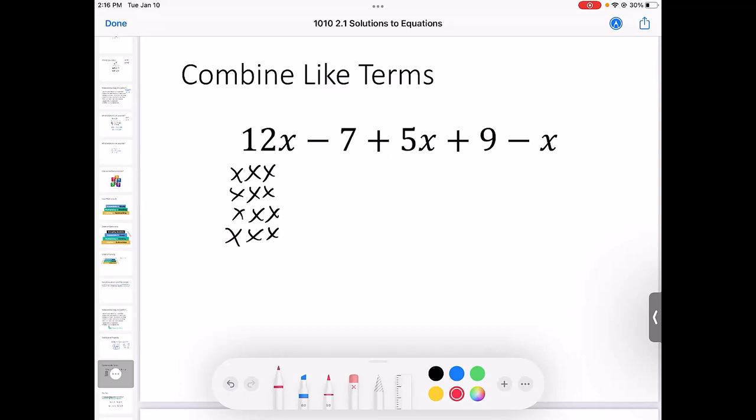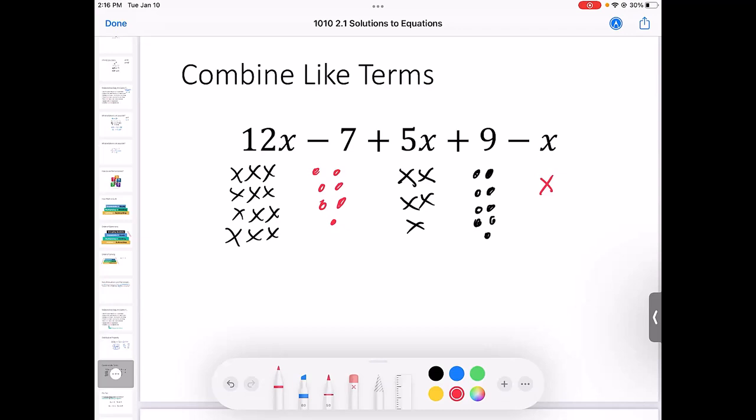So I'm going to use the color red to represent that. So I'm going to have 7 negatives, and then I'll have 5 x's and 9 positives and a negative x.